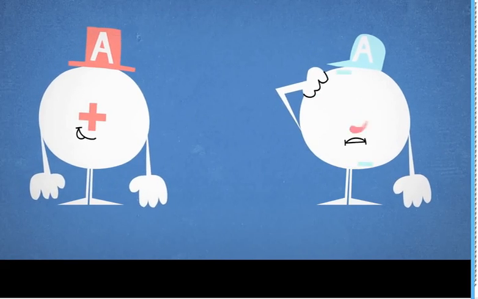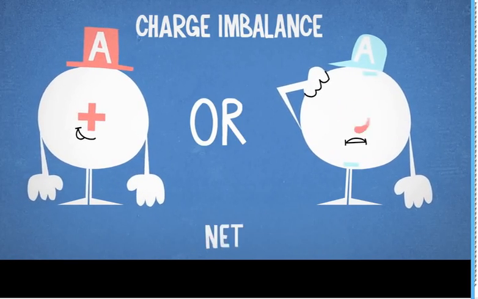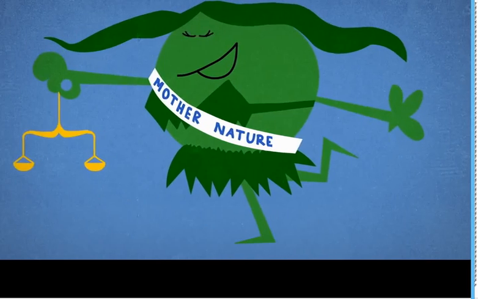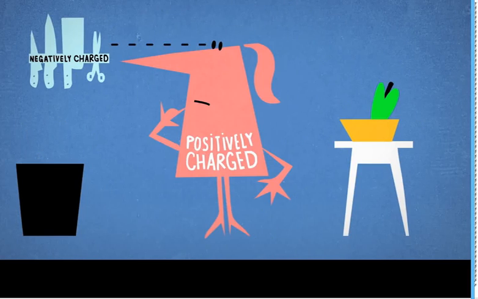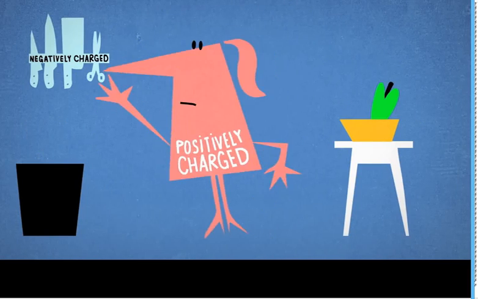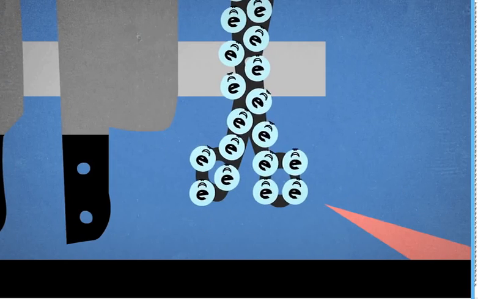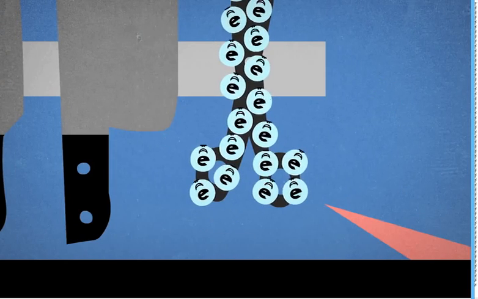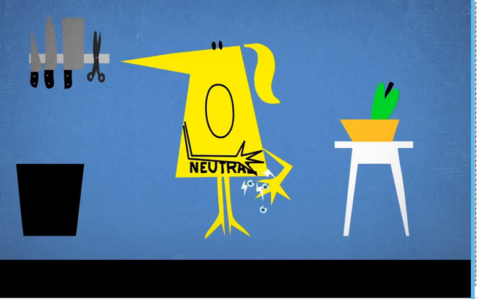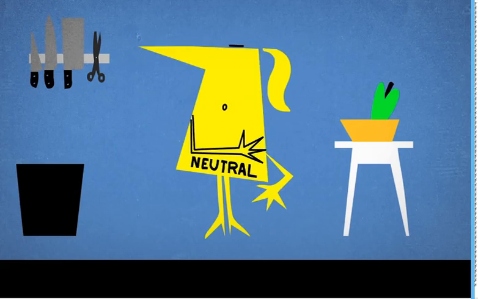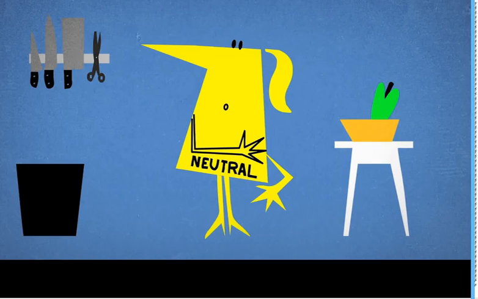This situation is called a charge imbalance, or net charge separation. But nature tends towards balance. So, when one of these newly charged bodies comes into contact with another material, the mobile electrons will take the first chance they get to go where they're most needed, either jumping off the negatively charged object or jumping onto the positively charged one.